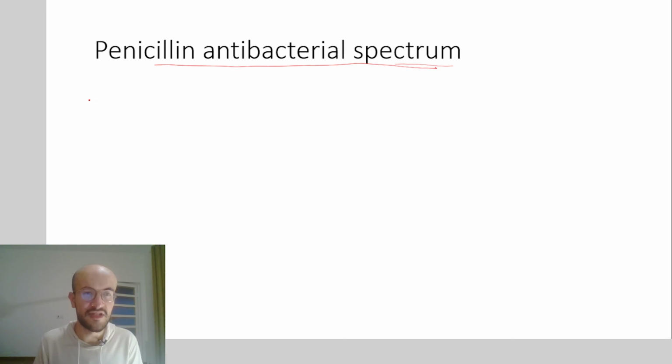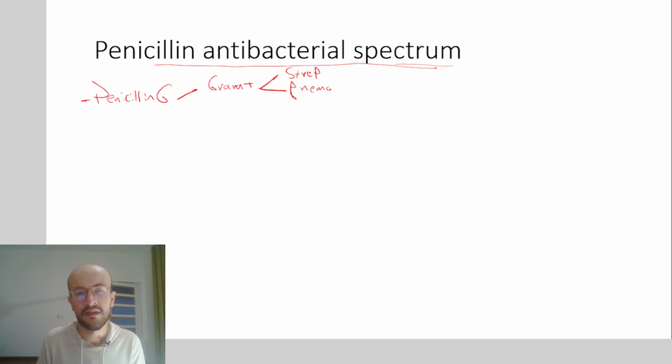Penicillin G, which is the original penicillin, is active against the gram-positives, including the streptococci, the pneumococci, and the staphylococci, and it is also active against Clostridium perfringens, which causes gas gangrene.